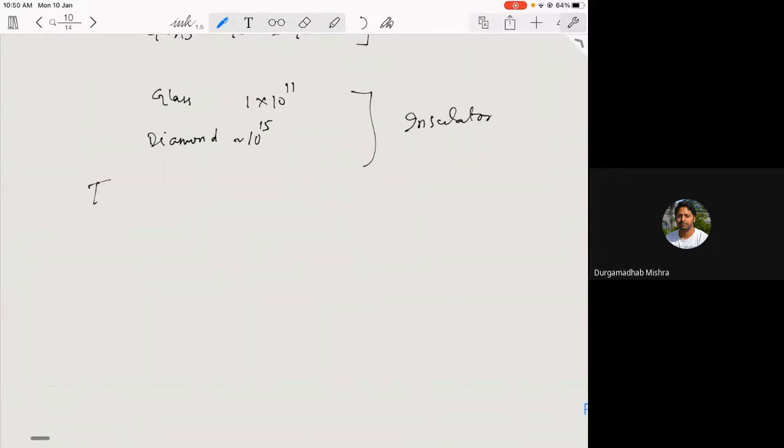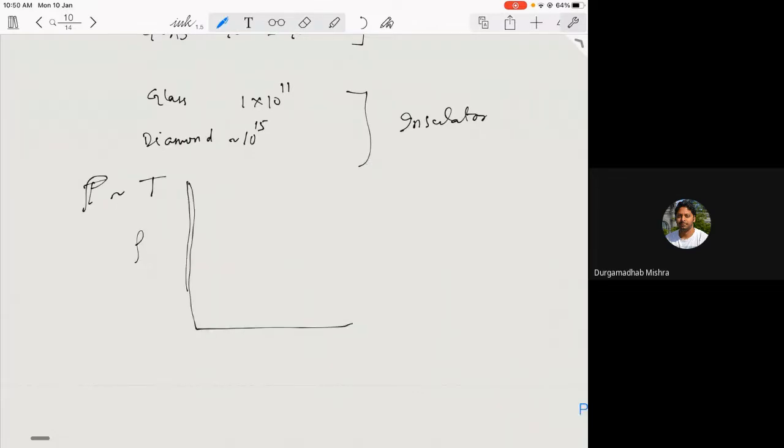If you plot resistivity as a function of temperature, you can then distinguish between these materials. Let's say if I take a metal, I'm plotting rho as a function of T. A metal will be something like this. I'm plotting it for the entire temperature range, and if you go to a low temperature, this is the resistivity you will get.